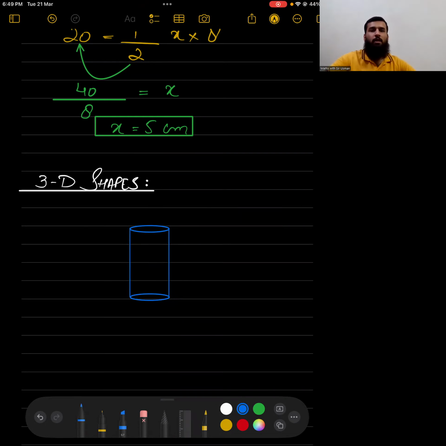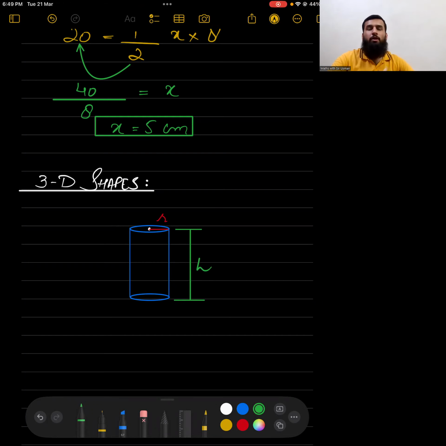It looks something like this, and we have the center over here for this circle. We have the circle at the top and we have an identical circle at the bottom as well. We have the center of the circle and we have the radius over here. And this line over here is actually representing the height.